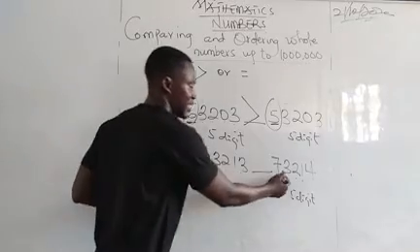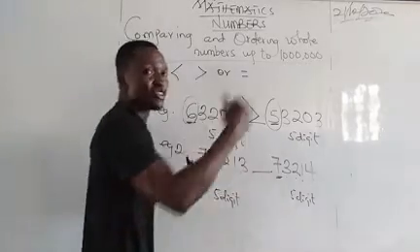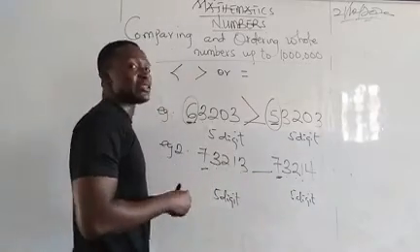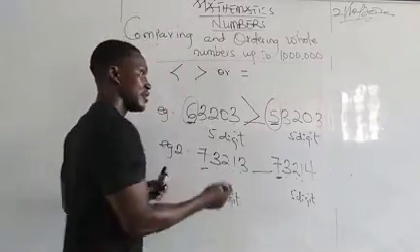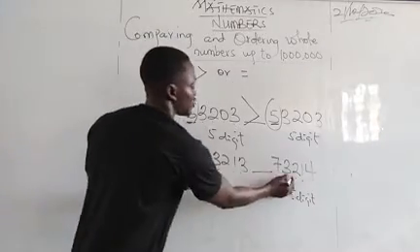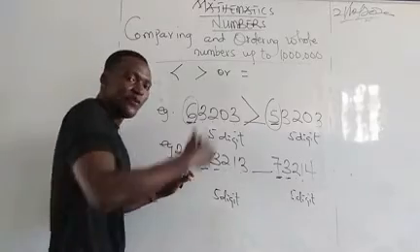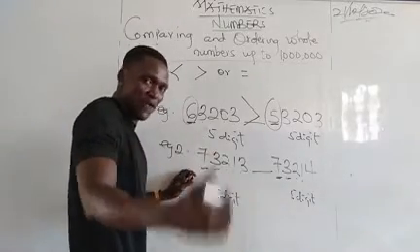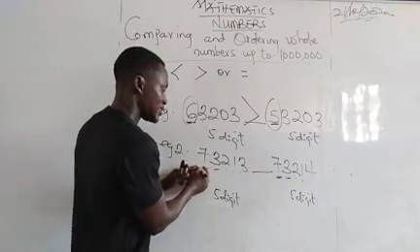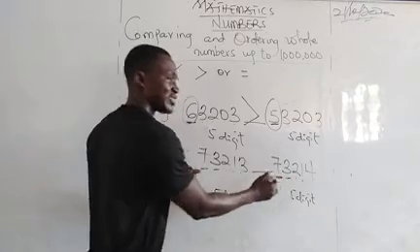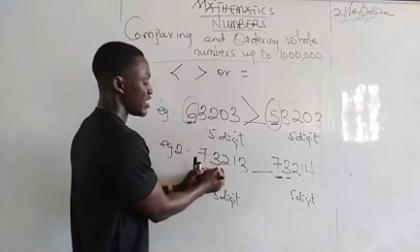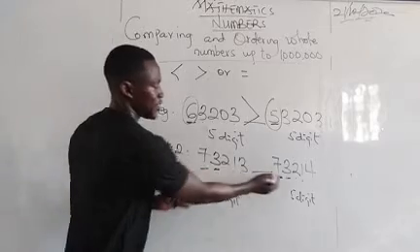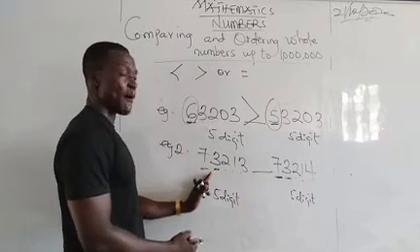Then we move on to the next one and see if we get a different value there. Here we have 3 and this is also 3. I hope you are following. So first we have 7 here, another 7 here, so we move on to the second one. We have 3 here, 3 here. That one we can compare.